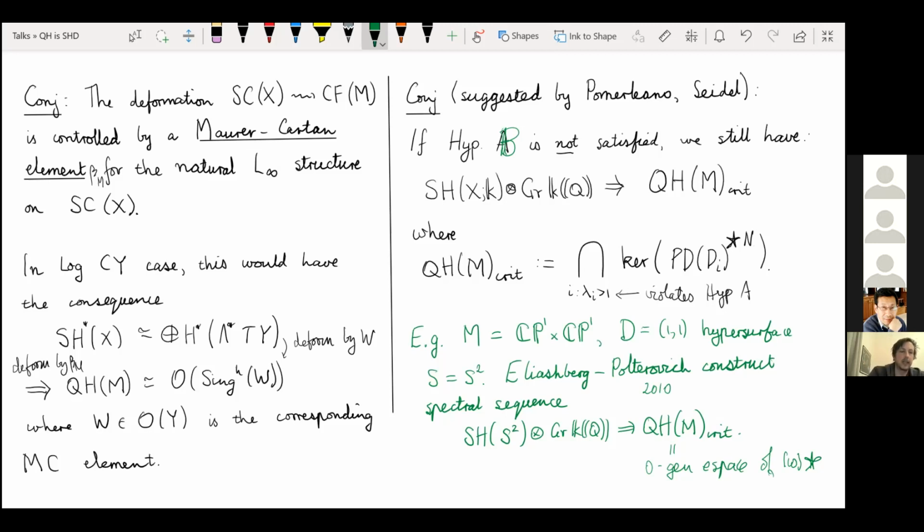So once you know mirror symmetry for X, you're automatically given a function W on the mirror such that you have mirror symmetry for M. And there are similar statements for homological mirror symmetry as well, automatically upgrading homological mirror symmetry for X to homological mirror symmetry for M.